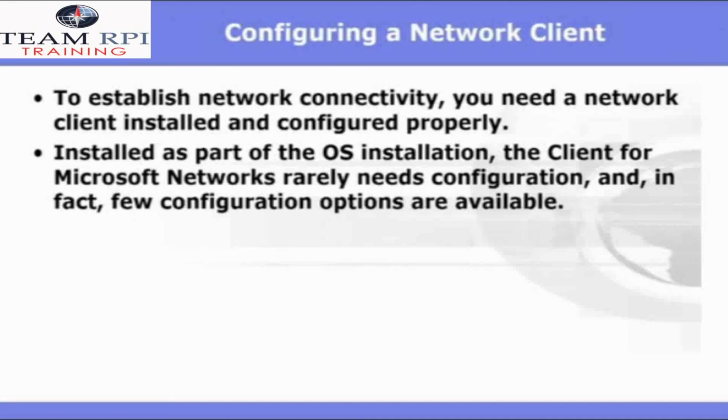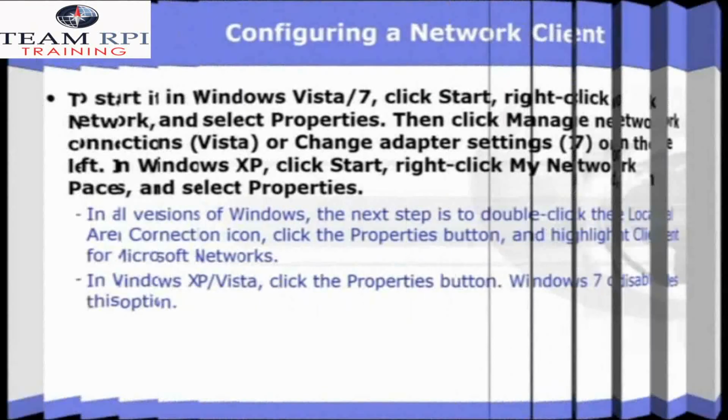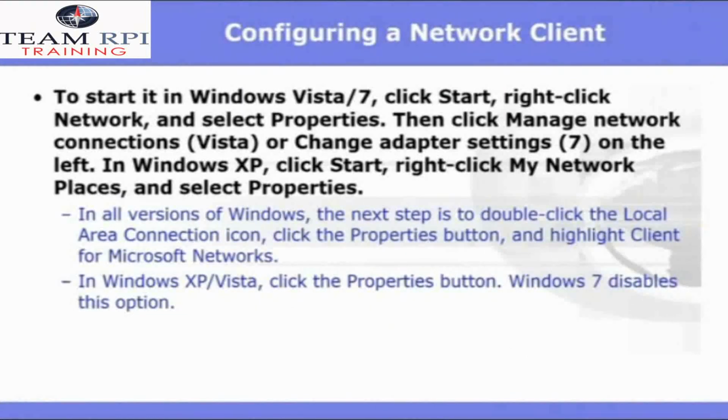To finish establishing your network connectivity, you need a network client installed and configured properly. Installed as part of the operating system, the Client for Microsoft Networks rarely needs any type of configuration, and in fact, few configuration options are even available. To start it in Windows 7 and Windows Vista, click Start, and then right-click on Network and select Properties.